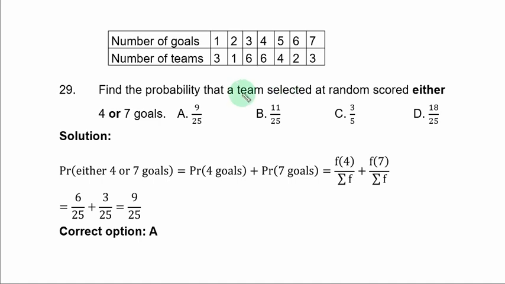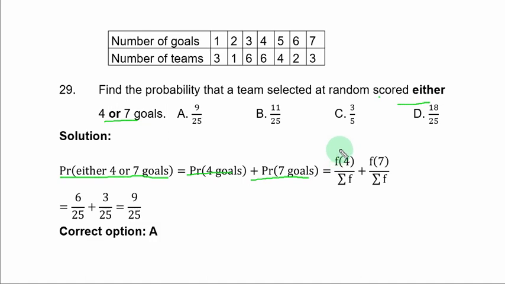29. Find the probability that a team selected at random scored either 4 or 7 goals. This shows the addition rule of probability. So you have probability of either 4 or 7 goals is equal to probability of 4 goals plus probability of 7 goals.